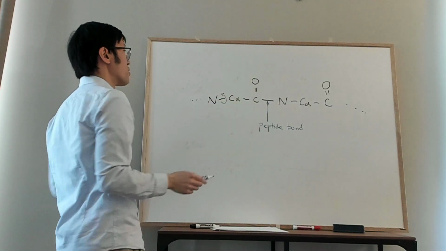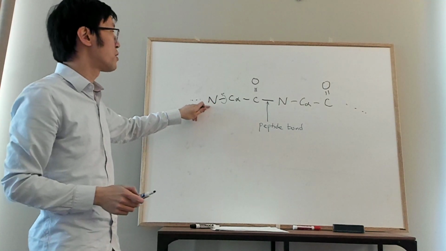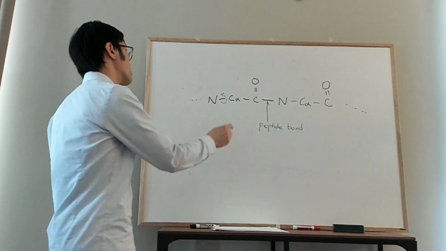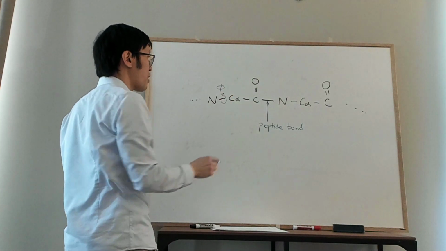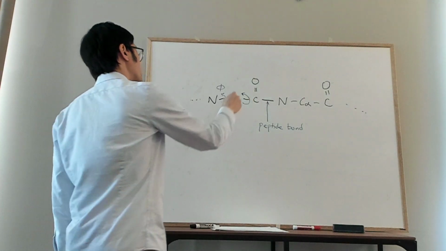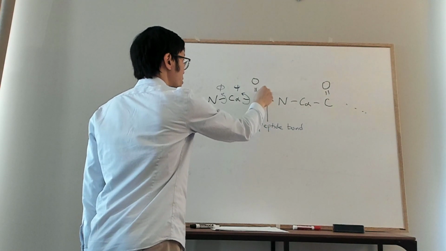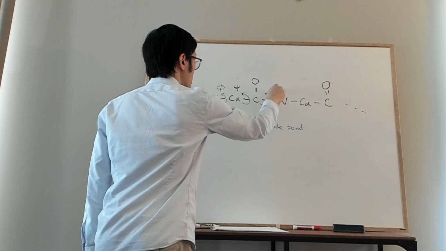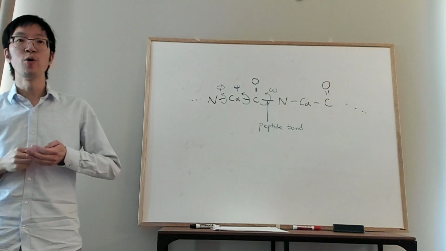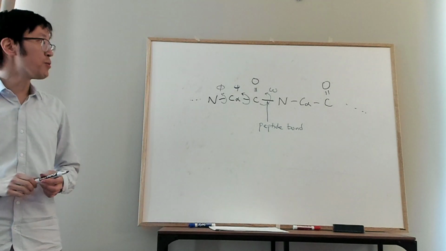Looking down the axis of the nitrogen and the carbon alpha, that's the angle we call phi, and then there's another angle for the next bond, which we call psi, and this bond also has an angle, which we call omega. Those are the backbone dihedral angles associated with the protein.